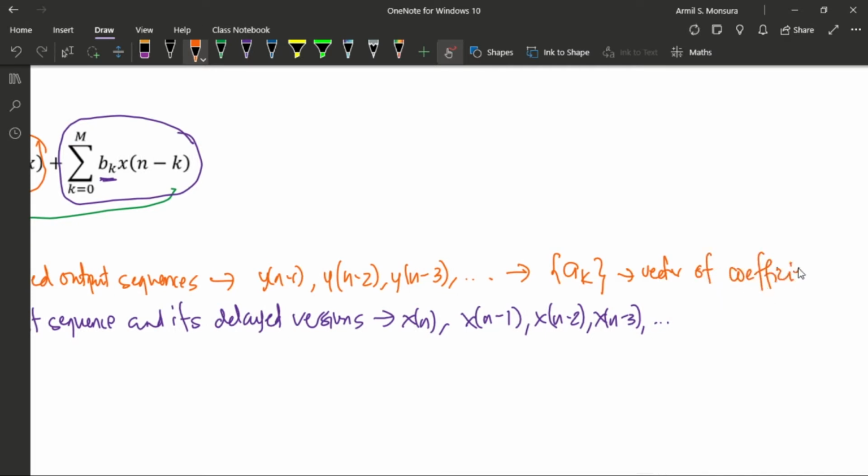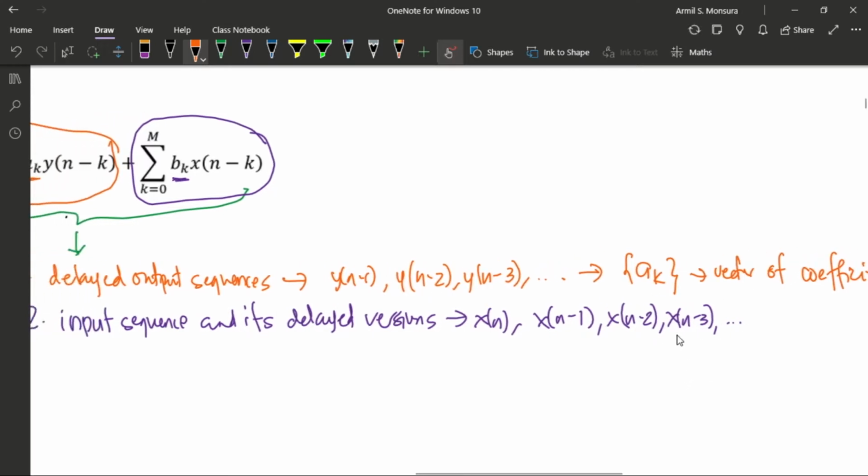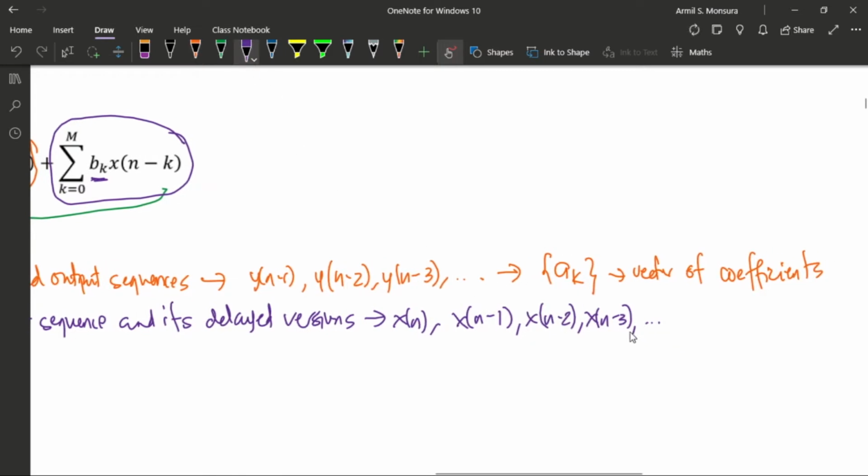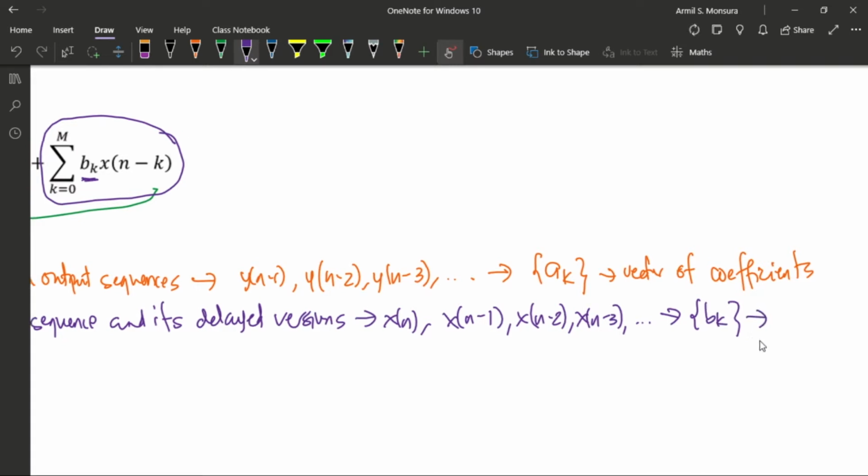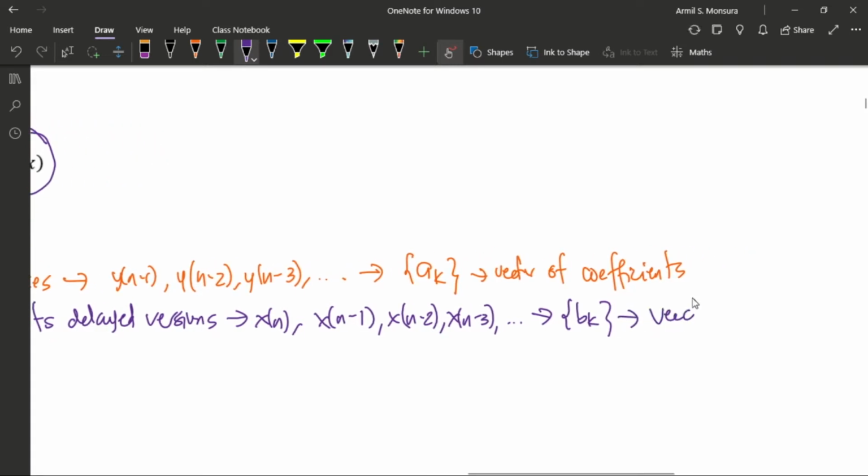Then the input sequence and its delayed versions have coefficients b sub k. Again, b sub k is a vector of coefficients.